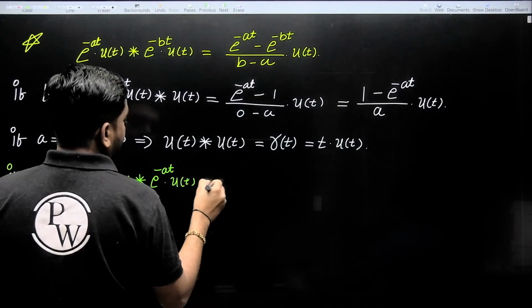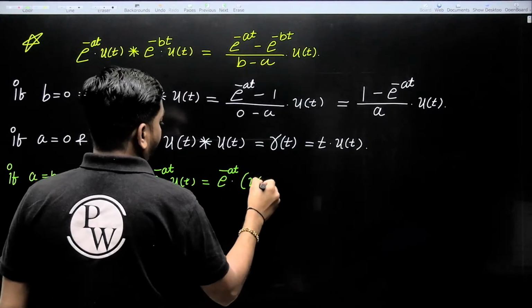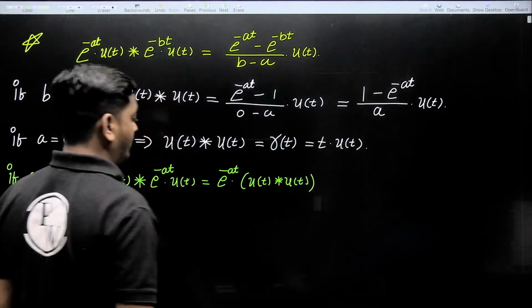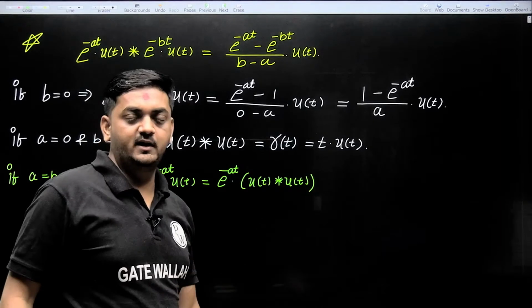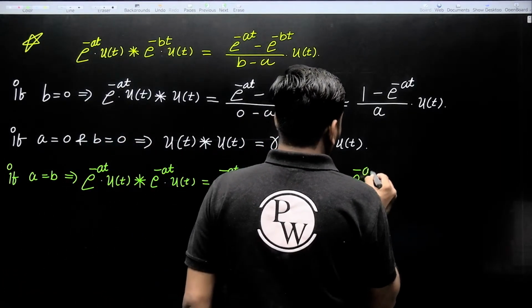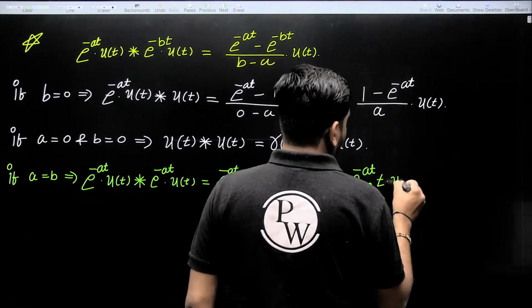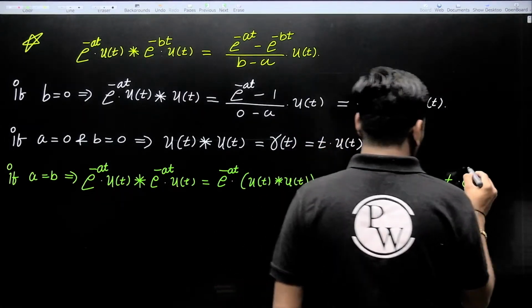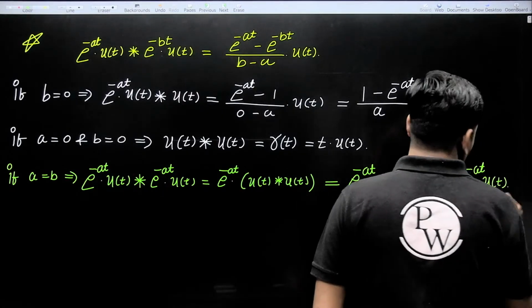You can take e to the power minus at common, it will be u of t convolution u of t after taking common, and we know that the convolution of u of t with u of t is again t into u of t. So the answer will be e to the power minus at into t into u of t. So you can write t into e to the power minus at into u of t.